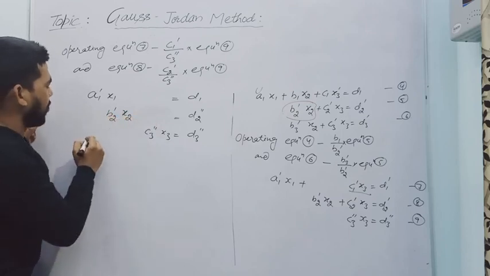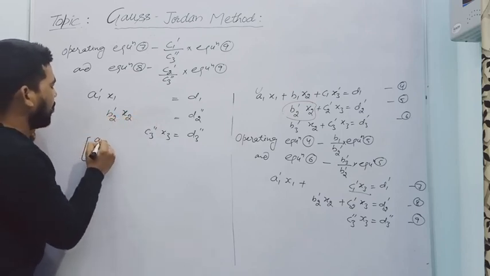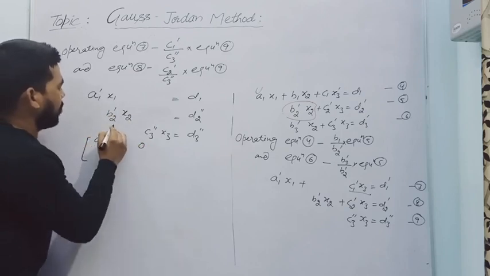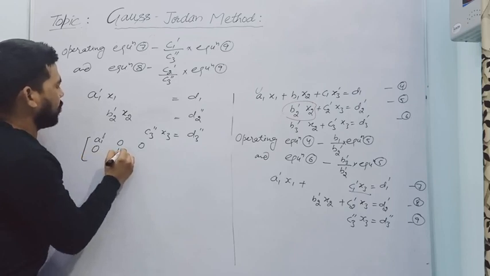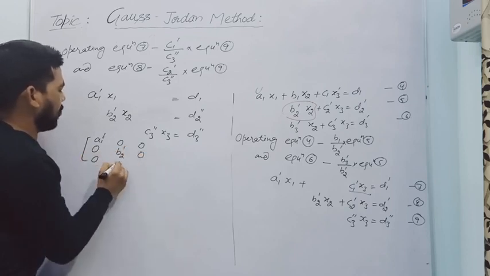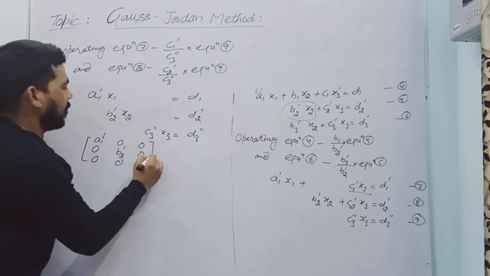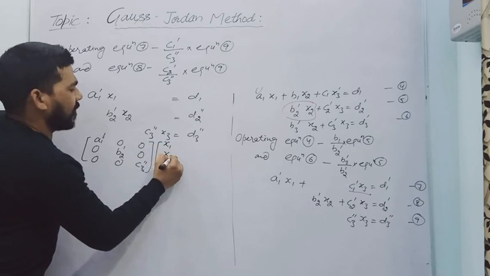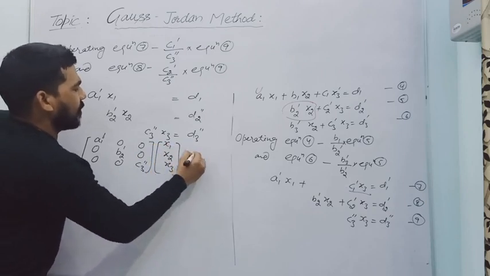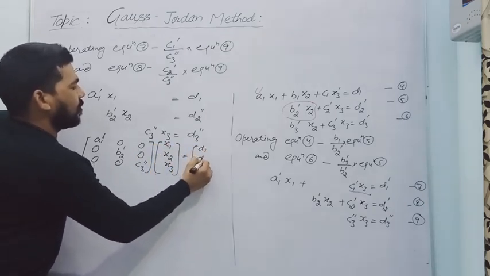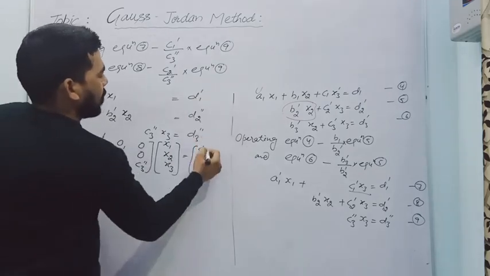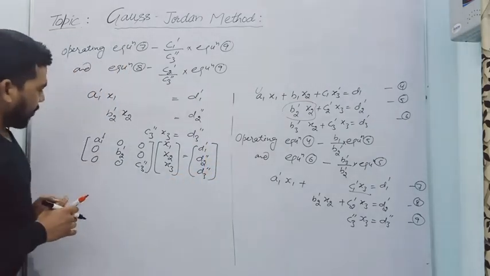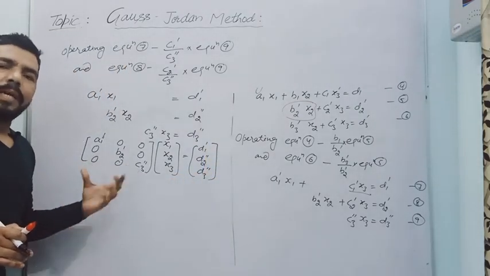If I write it in matrix form, what does the coefficient matrix become here? a1 dash, 0, 0; 0, b2 dash, 0; 0, 0, c3 double dash, with the matrix of unknowns x1, x2 and x3, and the right-hand side matrix d1 double dash, d2 double dash and d3 double dash. Now you can check that this coefficient matrix becomes a diagonal matrix.